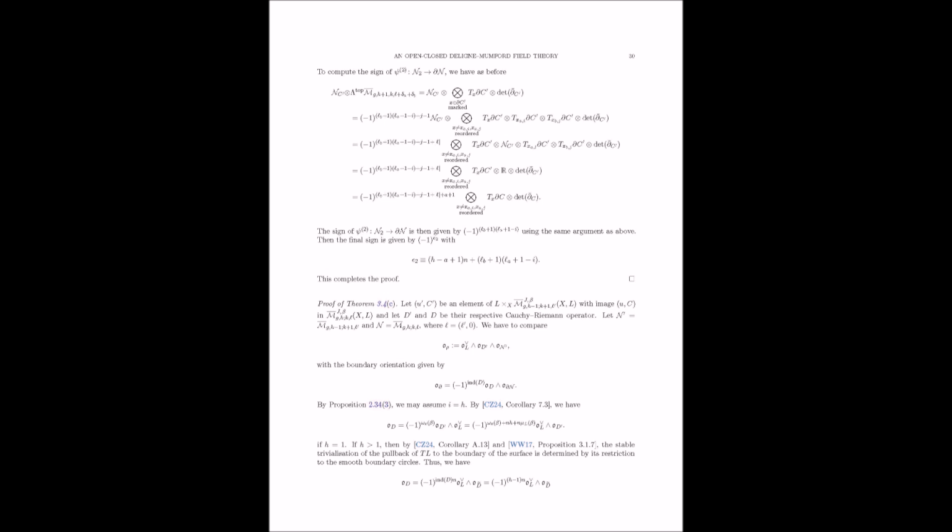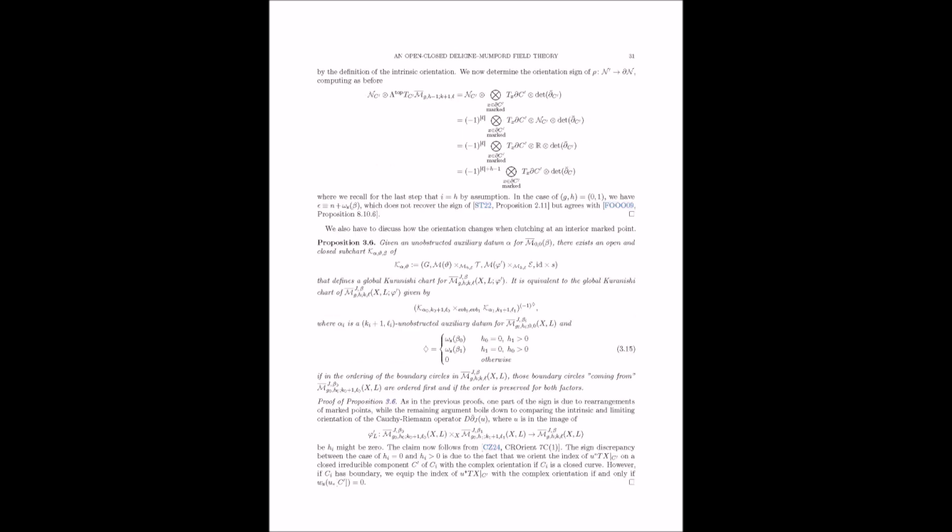Right. And this paper is aiming to construct a specific open-closed Deligne-Mumford field theory using Gromov-Witten theory. Is that right? That's exactly right. Okay, so there's a lot of heavy lifting involved in this, I'm sure. So where do they even begin? What's the first hurdle they need to overcome? Well, the first challenge is really to understand the structure of these moduli spaces of bordered curves.